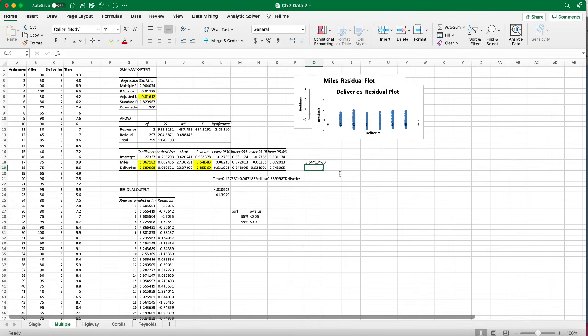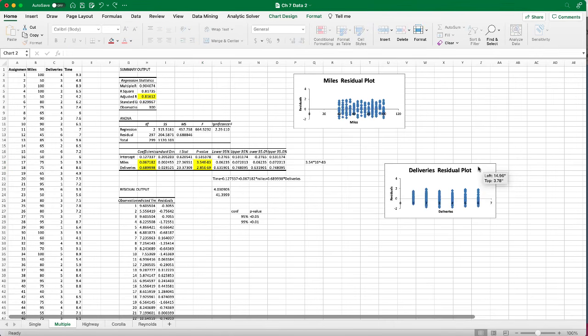In other words, it's 3.45 multiplied by 0.00000 with 83 such zeros. So this is a very, very small number. We use scientific notation with an E that stands for 10 to the power of a negative number. Similarly, this is also a very small number. So this means that both miles and deliveries are significant predictors for the time of delivery.